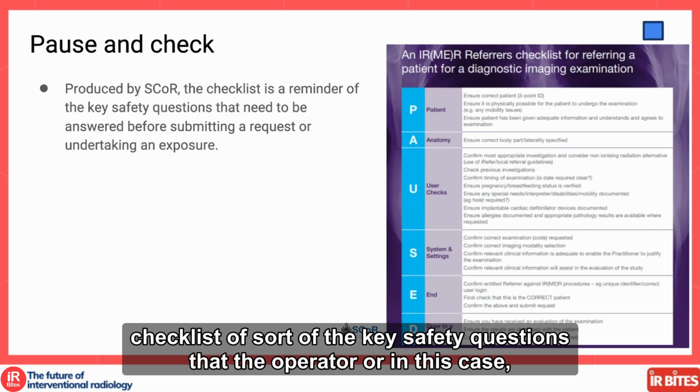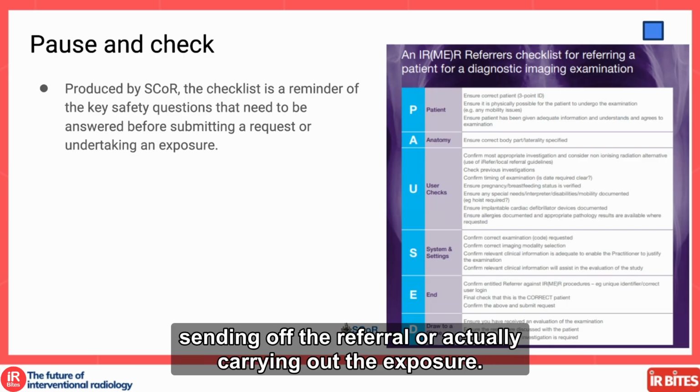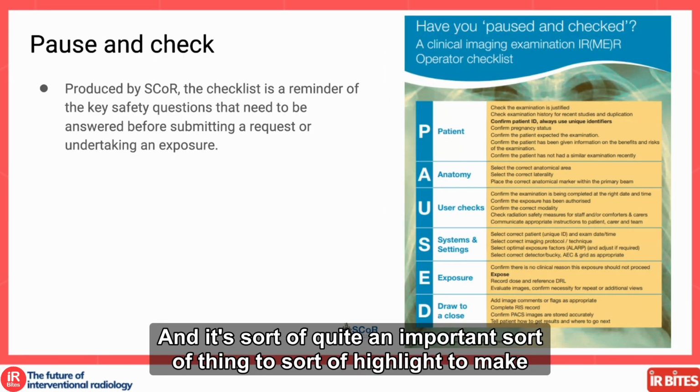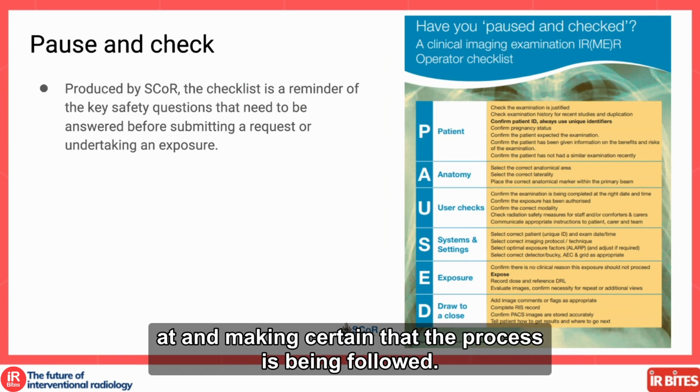So it's a checklist of the key safety questions that the operator, or in this case the referrer, needs to think about before they are sending off the referral or actually carrying out the exposure. It's quite an important thing to highlight, to make certain that people know what they need to be looking at and that the process is being followed.